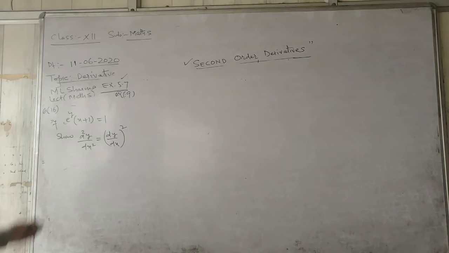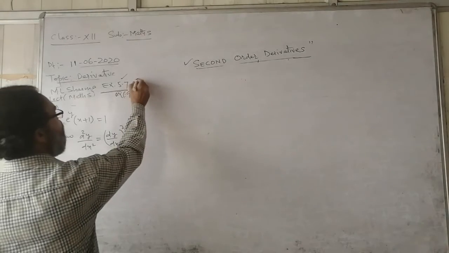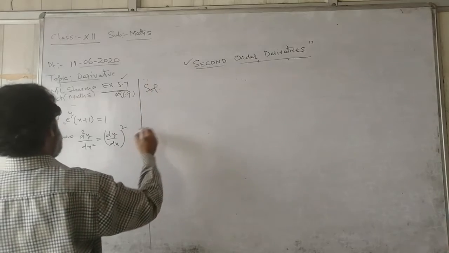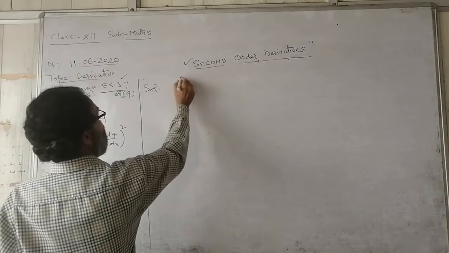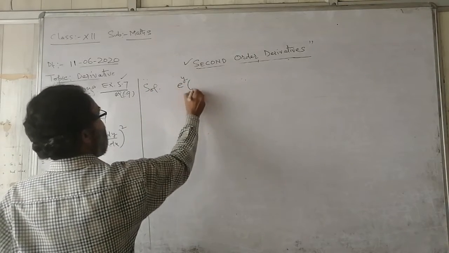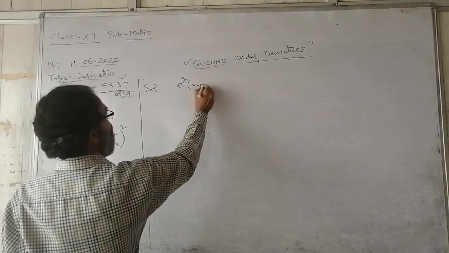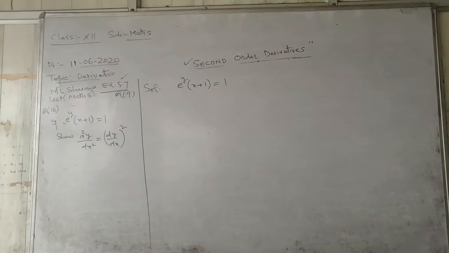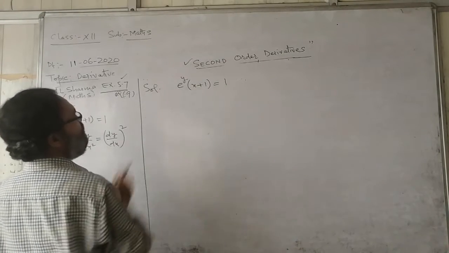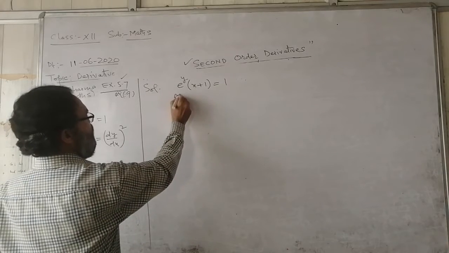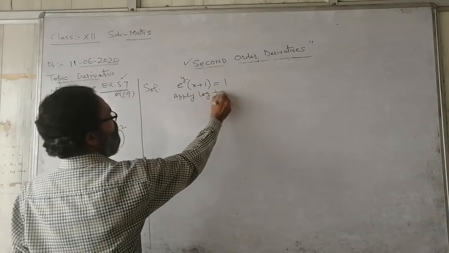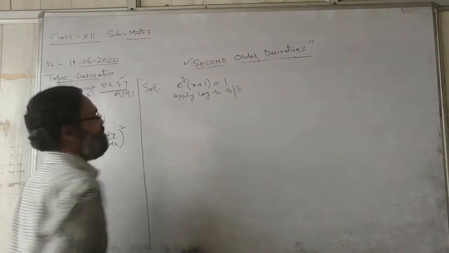To prove this result, the value of e raised to the power y into x plus 1 is given as 1. To solve this, it is an exponential function, so apply log to both sides.